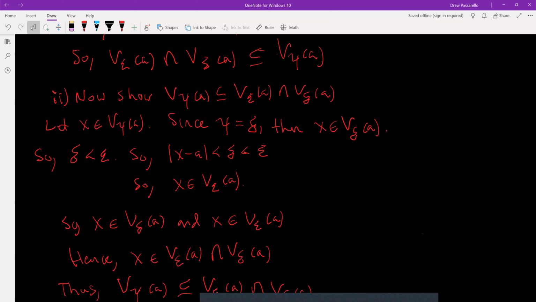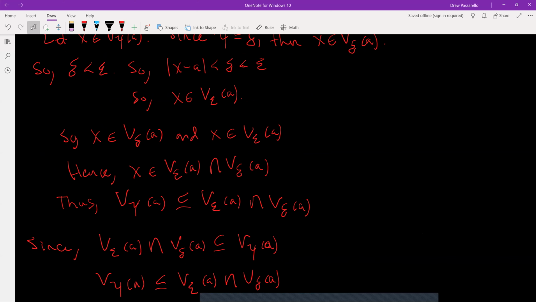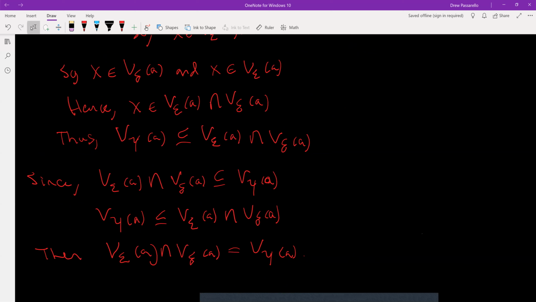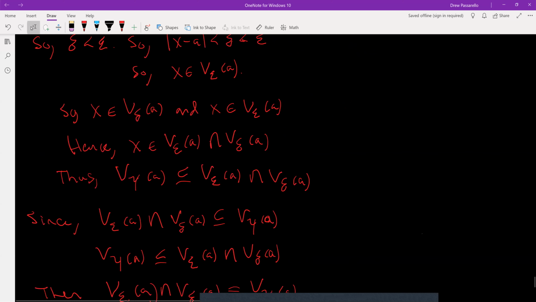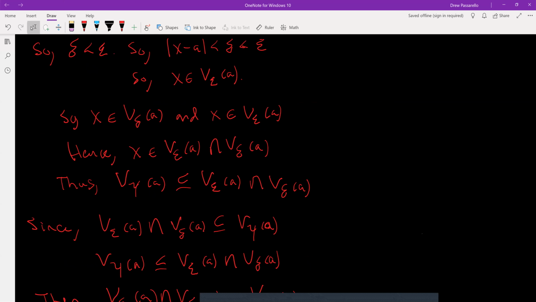So since x is in the delta and the epsilon neighborhoods, it's in the intersection. And since we started out with x being in the gamma neighborhood and ended up being in the intersection, that means the gamma neighborhood is contained in the intersection of those two neighborhoods. All right, that was showing the case when delta is less than epsilon and we choose gamma to be delta.